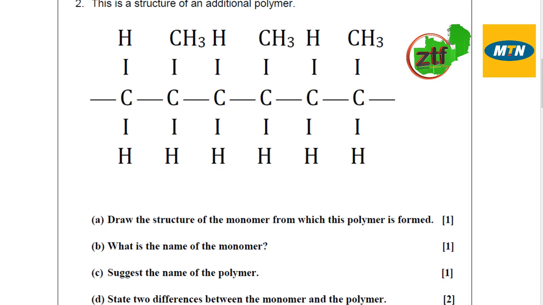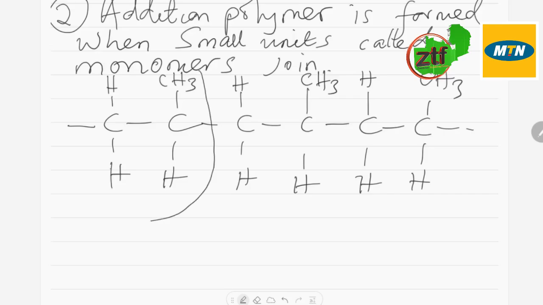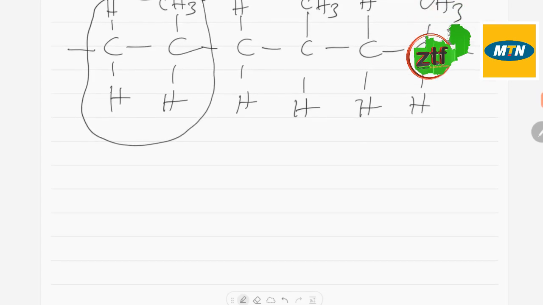To draw the structure of the monomer, what we do is very simple. Cut after 2 carbon atoms. So we cut like this. This structure is going to give us the monomer.